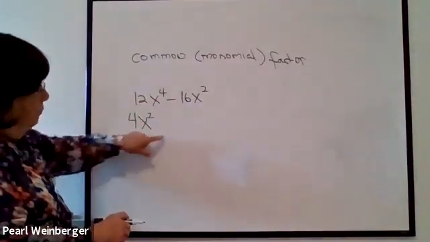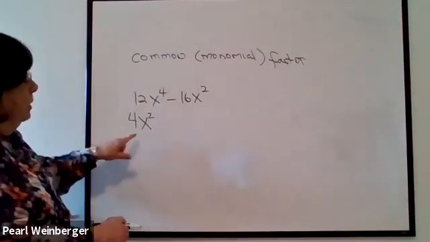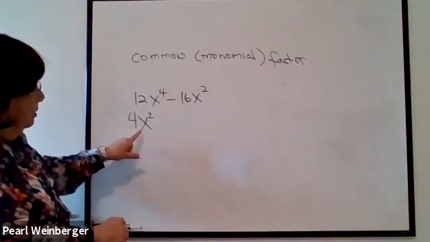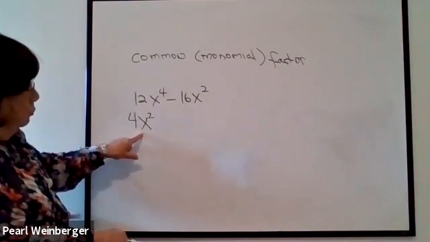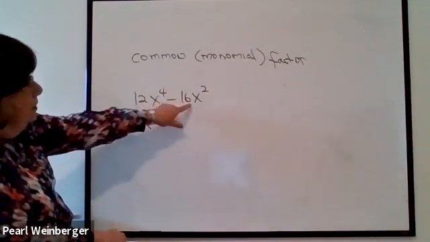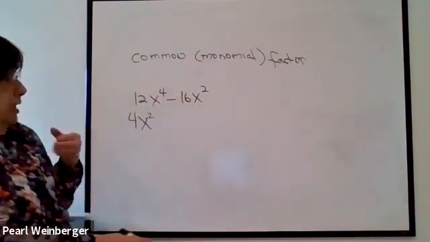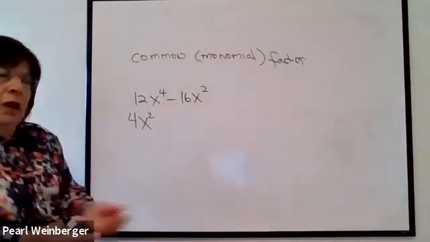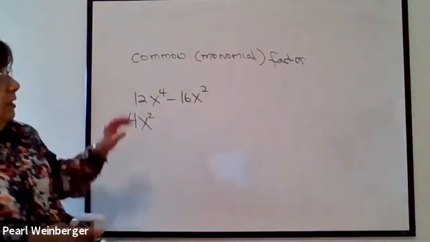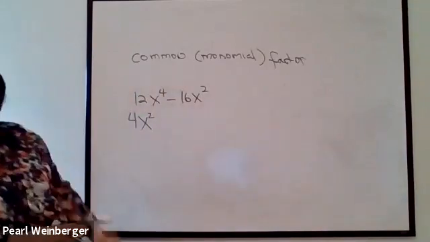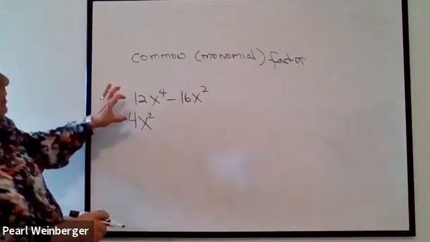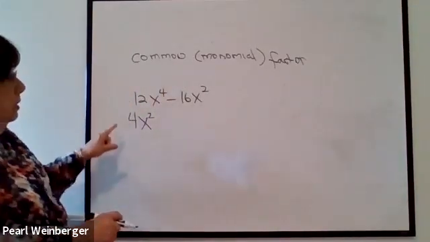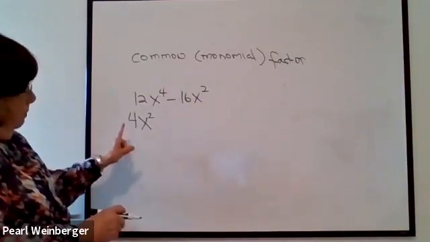I have one factor. To find the other factor, I'm going to take this common factor 4x squared and divide it into each one of these terms. I'm sort of doing the opposite of the distributive property. Instead of multiplying each term by the number on the outside, I'm now dividing everything. And I do it step by step.